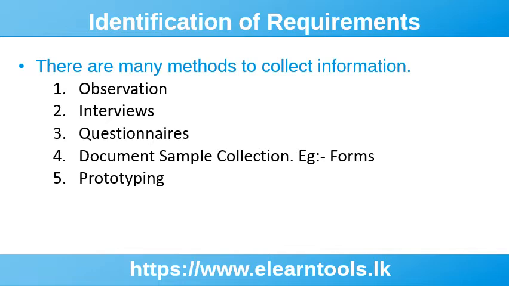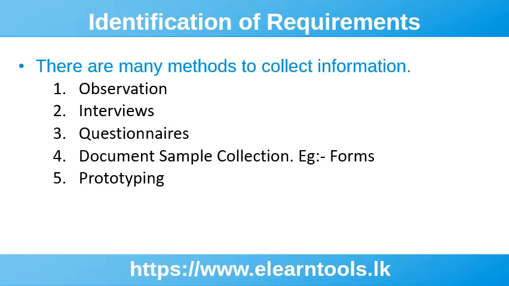Identification of requirements. There are many methods to collect information. Right? To identify the requirements, we have to collect information. There are so many methods. One method is observation. Second one is interviews. Third one is questionnaires. Fourth one, document sample collection.